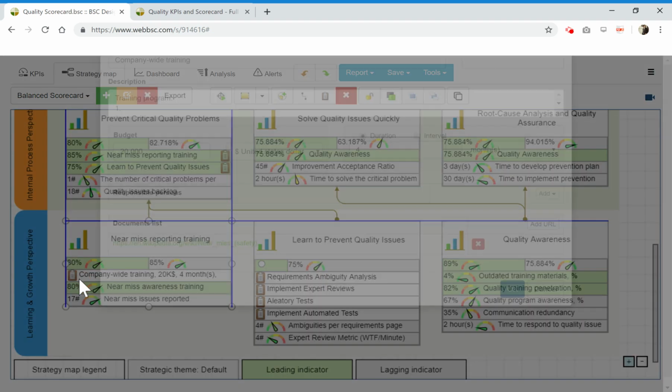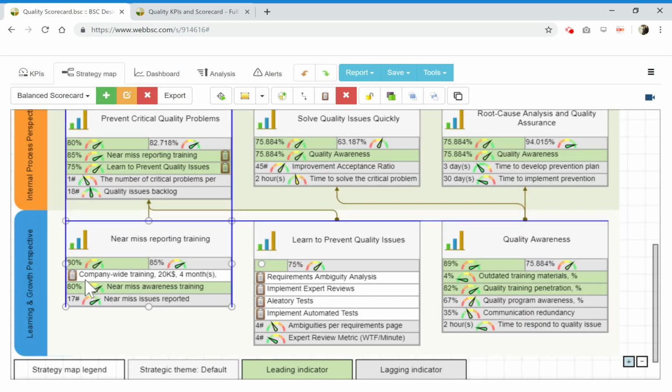The next line, with this small icon, is where we put company-wide training at $20,000 for months. As you might have guessed, this is an action plan or an initiative. Why do we have it here? Because there is a gap between the goal and the metrics. Let me explain. The goal, near-miss reporting training, by itself does not tell us the whole story.